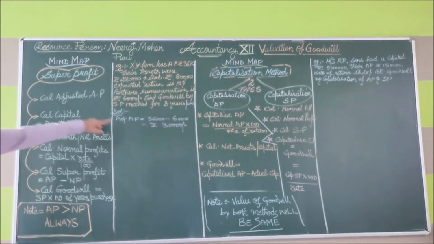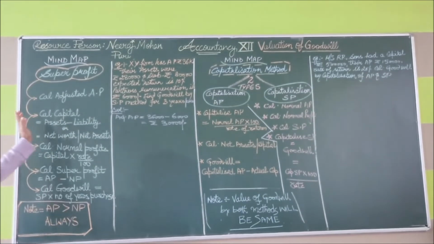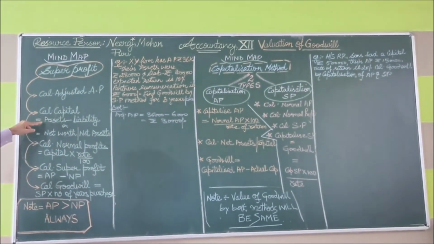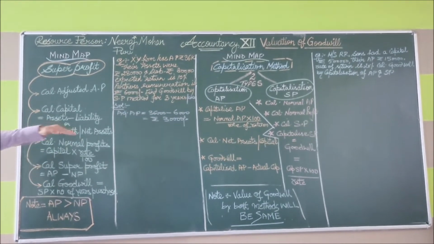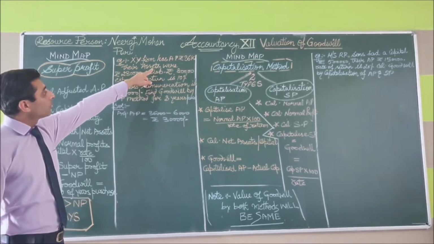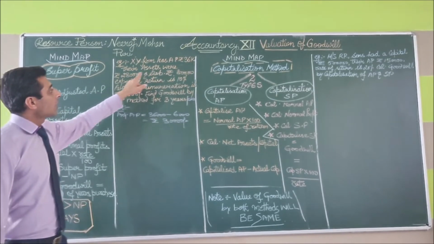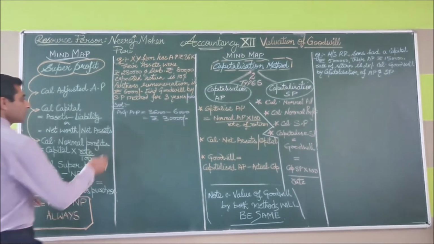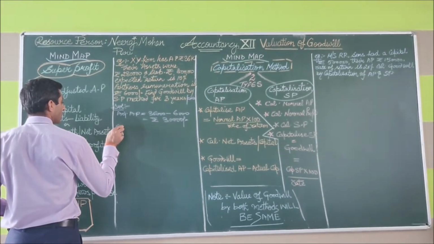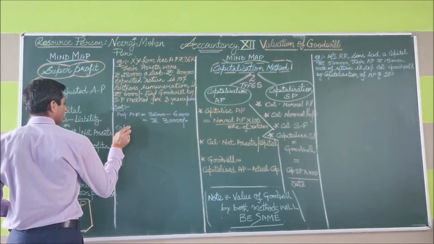This is our first step done. Look at the flow chart, mind map side by side. Second step is we have to find the value of capital. Go back to the question. In the question we are given the value of assets as well as liabilities. So we need to apply the formula assets minus liabilities. Second step is calculation of capital.